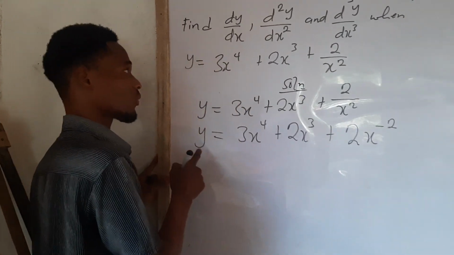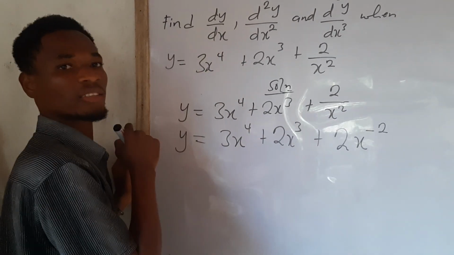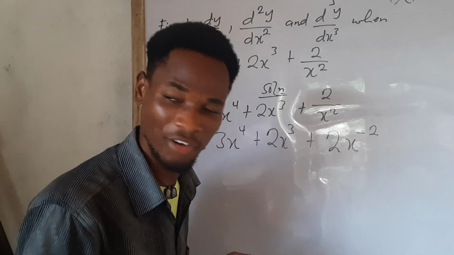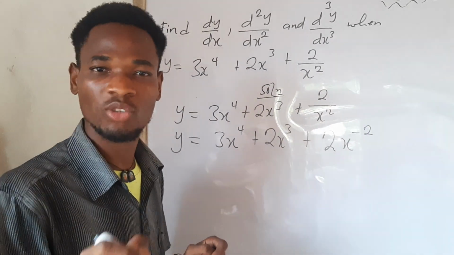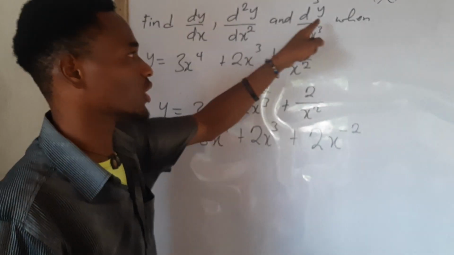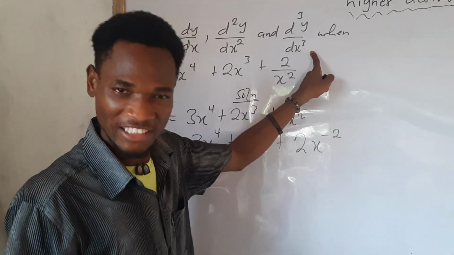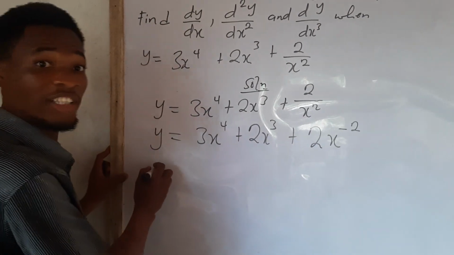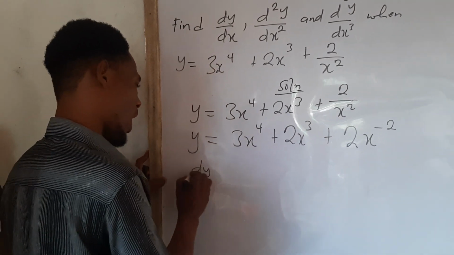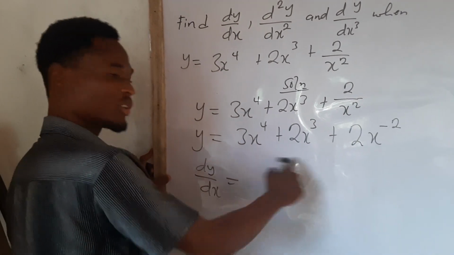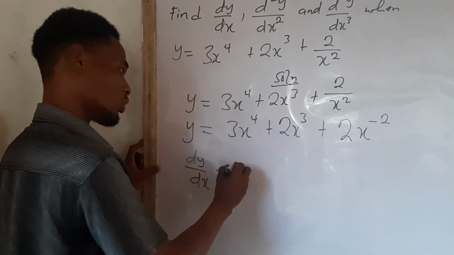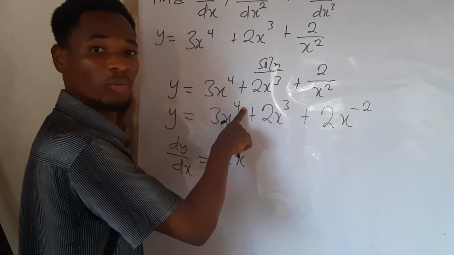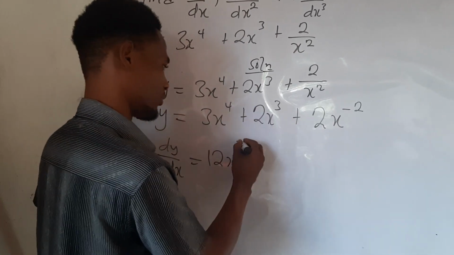So now, let's find dy dx. dy dx is more or less like the first differential. When you differentiate dy dx, you get the second differential, and then the third differential. So dy over dx is equal to, when you differentiate, 4 times 3 gives 12x, and subtracting 1 from the exponent 4, you get 3.